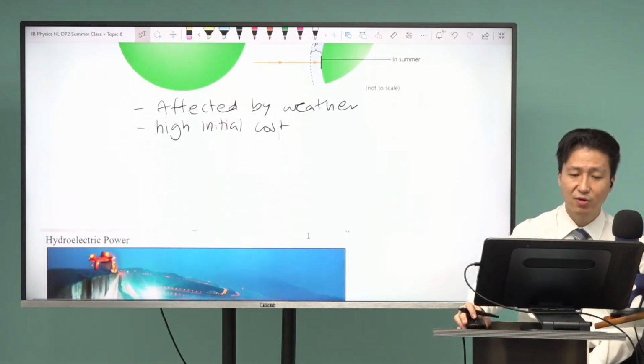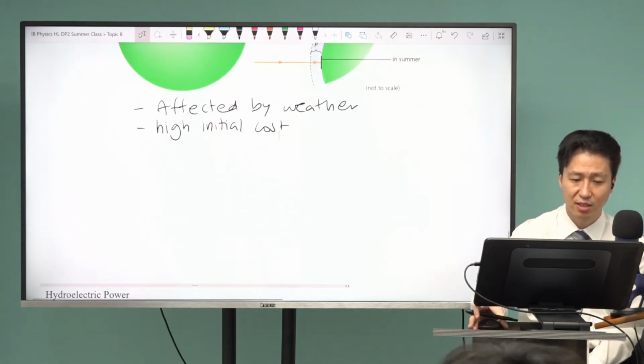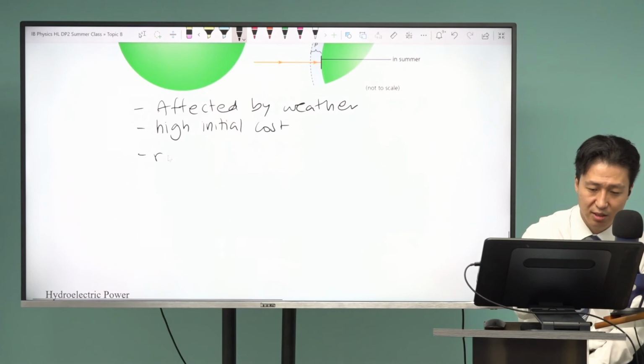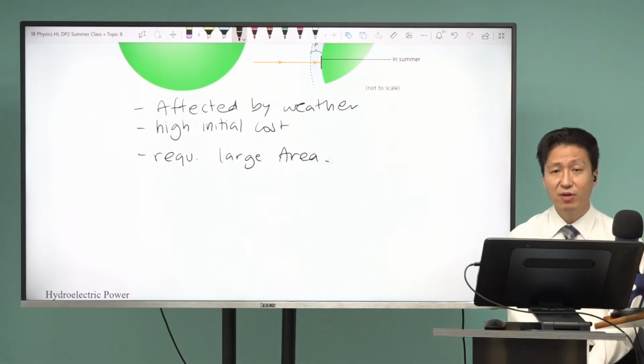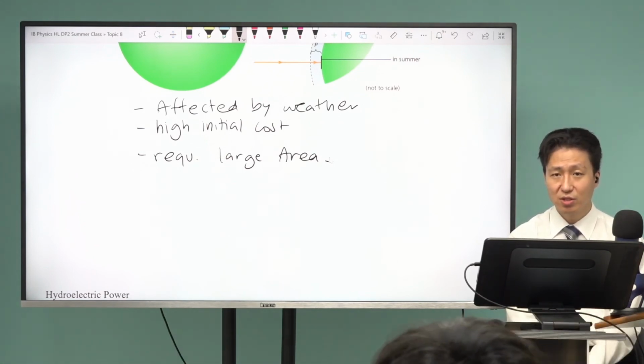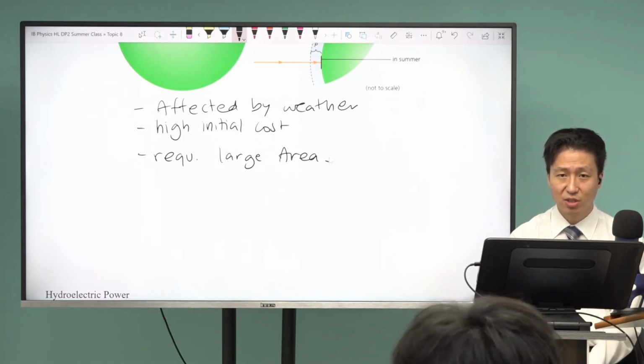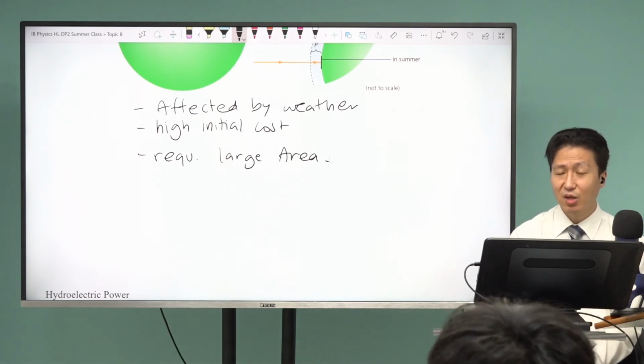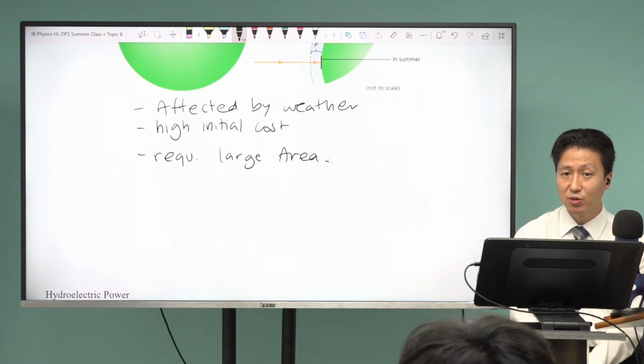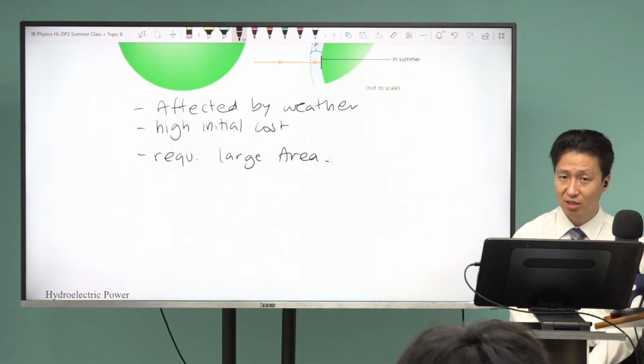And finally, it requires a large area. If you want to make 1 megawatt, you need at least 2,000 square meters, which is quite a lot. And 1 megawatt is a very small power plant. You usually have to have power plants in the order of 50 to 100 megawatts to be efficient.